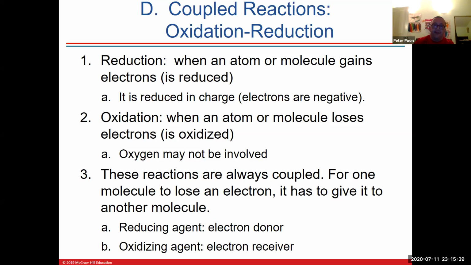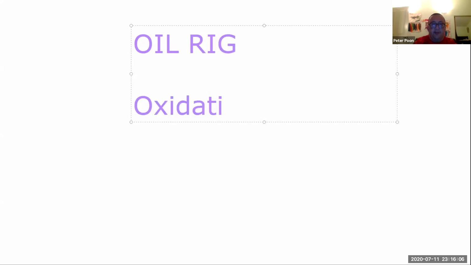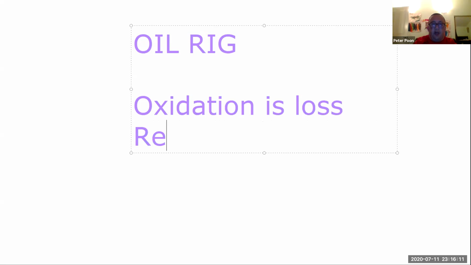Oxidation reduction. This was actually a really hard concept for me to understand, so we'll put this on a sheet. First of all, the mnemonic OIL RIG: oxidation is loss, reduction is gain.